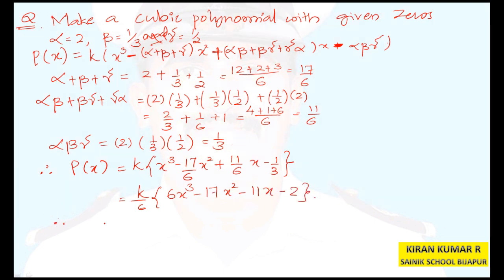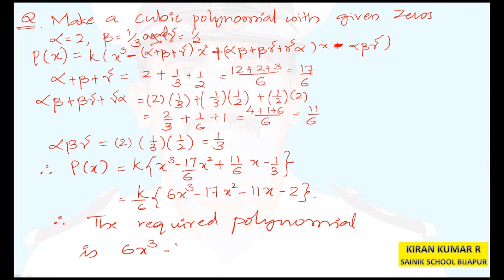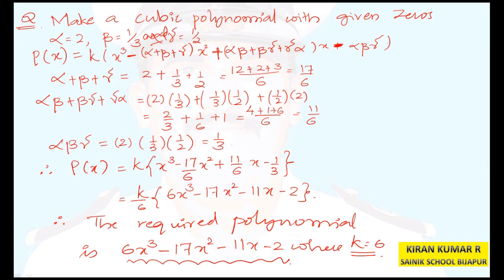Therefore, the required polynomial is 6x cube minus 17x square plus 11x minus 2, where k is positive 6. This particular cubic polynomial will be having the zeros as 2, 1 by 3 and 1 by 2.